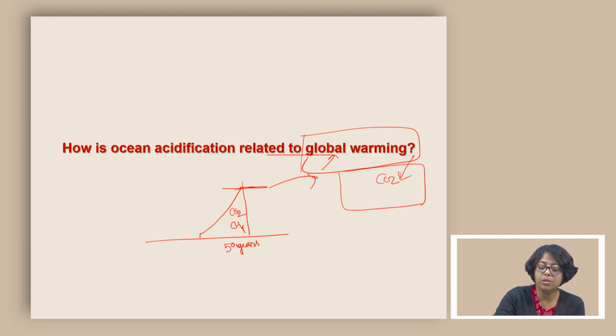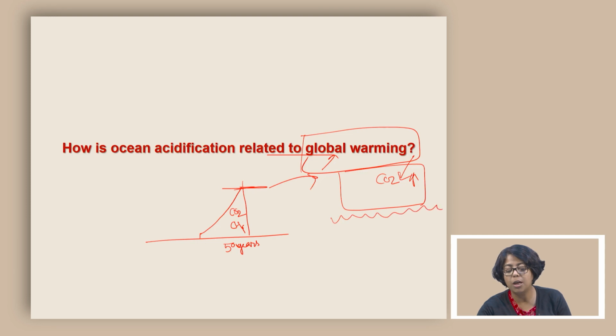Now, if the carbon dioxide concentration increases in the atmosphere, there would be a point where the ocean water will also start to take up this carbon dioxide. Once carbon dioxide mixes with water, it is going to make carbonic acid, and this carbonic acid will bring the pH lower.